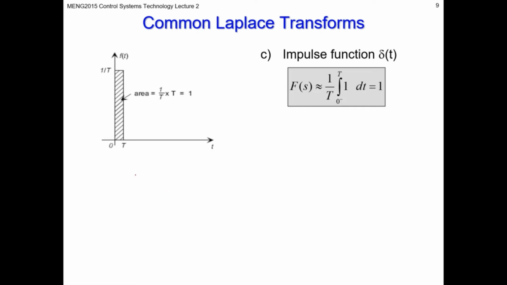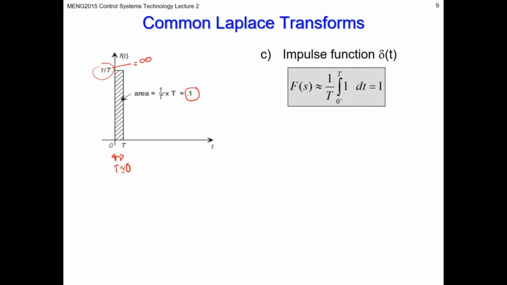So theoretically, this time here, t equals 0, or let's say approximately equal to 0, and 1 upon t equals infinity. It's shown as a thin column here, but in fact it's a very, very infinitesimally narrow, infinitely tall pulse, but it still holds this property that the area under the curve is 1.